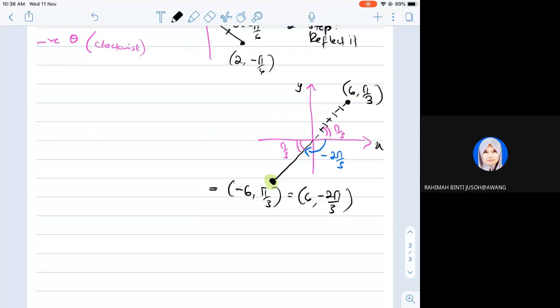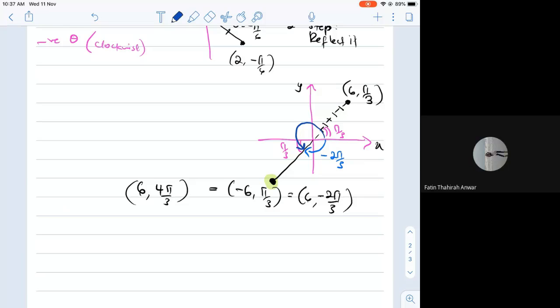Yes, 4 pi over 3. So the answer is also 6, 4 pi over 3. Macam mana nak dapatkan 4 pi over 3 tu? We have the angle from this to here. Understand, guys?